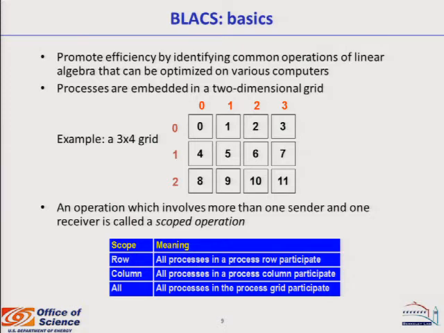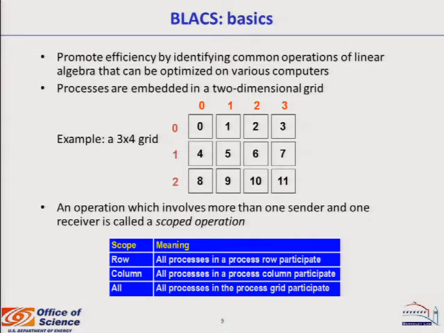Everything has to be defined in a two-dimensional array of processes, or cores these days. In the past, it used to be one node, one core, right? These days, we have one node and lots of cores. For example, the Cray we have at the lab has 24 cores on a node.